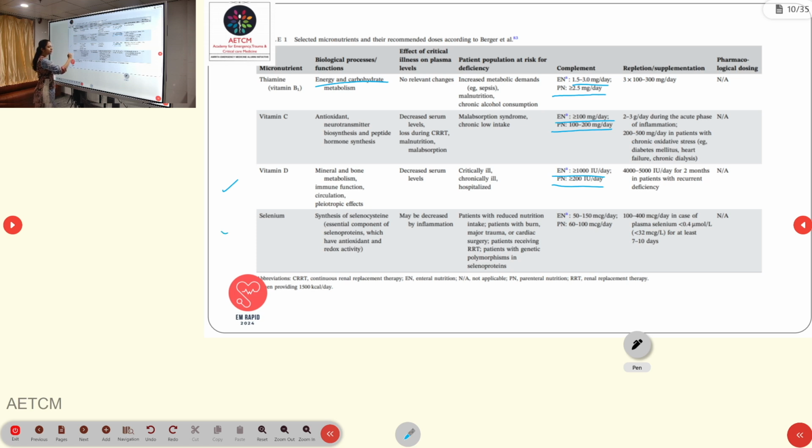And selenium also helps decrease inflammation, and it has antioxidant and healing properties. So in enteral nutrition it is 50 to 150 microgram per day, and parenteral nutrition 60 to 100 microgram per day.